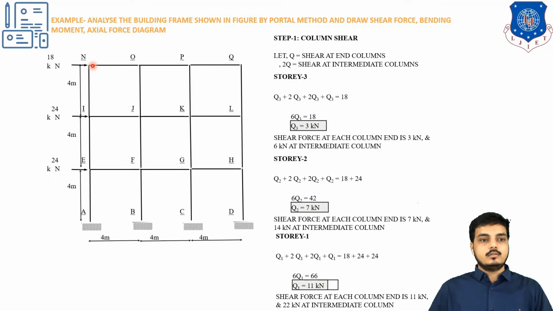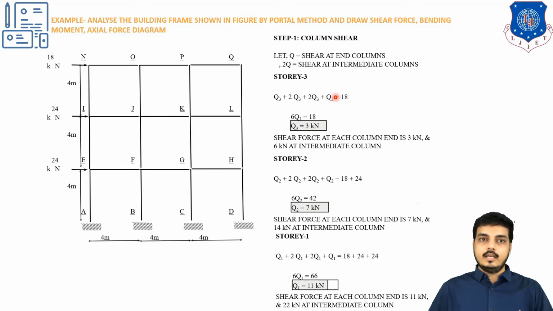So this is story number 3, this is story number 2, and this is story number 1. This has been assumed. In story 3 there is an 18 kilonewton horizontal force acting. For this column it will be Q3, for these intermediate columns it will be 2Q3, and for this one Q3. Q is the shear force at the ends, and 3 is the story number.